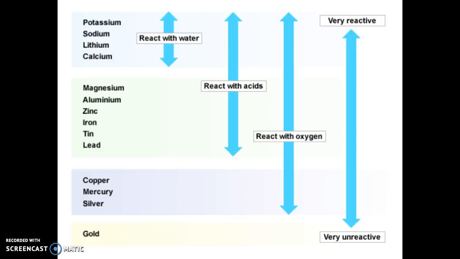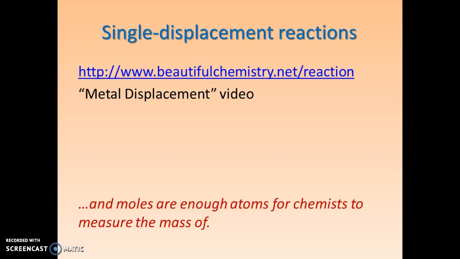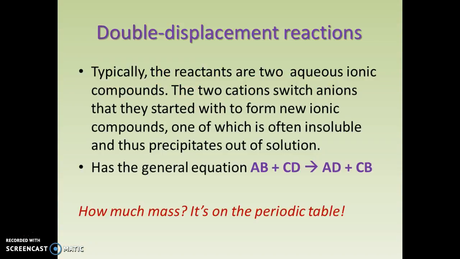We'll come back to this later. Single displacement again. Okay, so double displacement, again, the general formula. But notice in this case, the double displacement, we're talking about ionic compounds typically. And in terms of this class, we're just going to stick to ionic compounds. So we have this general equation where we have AB plus CD, and that's going to give us 2 products, AD plus CB.